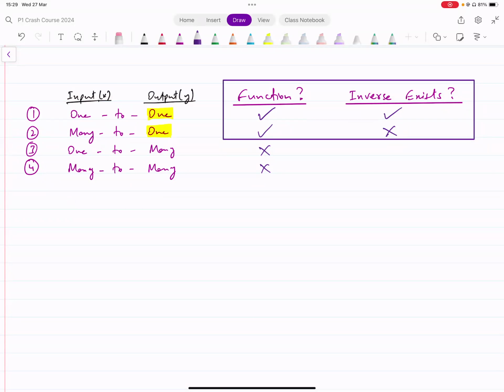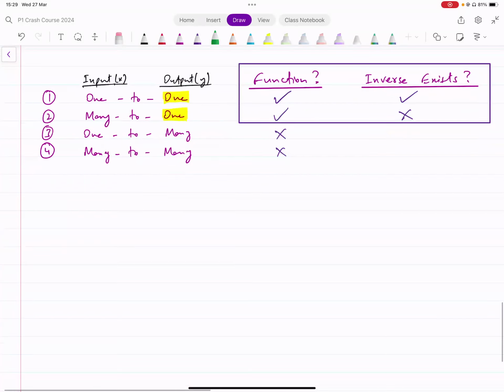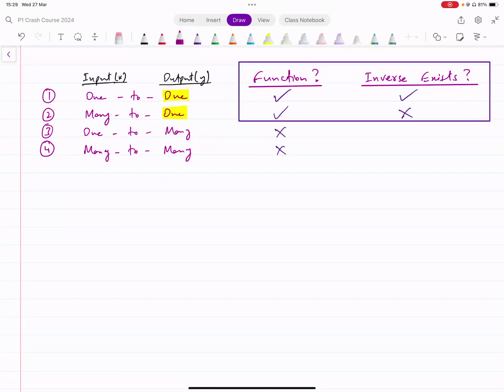So a relation is only a function when there's only one output. Only then you have a function. And then out of those 2 types of functions, one-to-one and many-to-one, only one-to-one functions have inverse. Many-to-one functions do not have an inverse. Okay? Only one-to-one functions have inverse. Let me write that down.